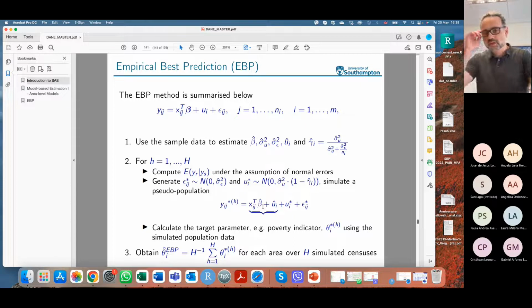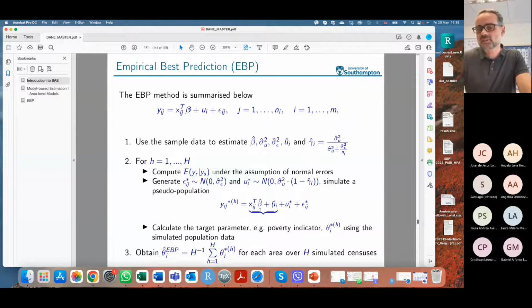Now, if many areas are out of sample, so if for many areas you don't have any observations, then you cannot calculate this u_i hat. If I cannot calculate it, then these values will look similar to what the ELL is doing.